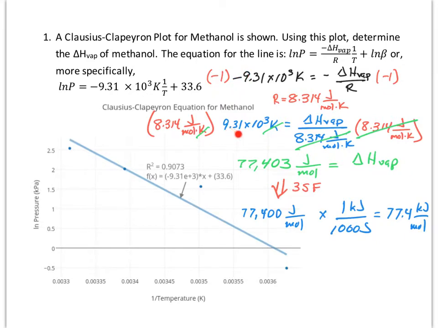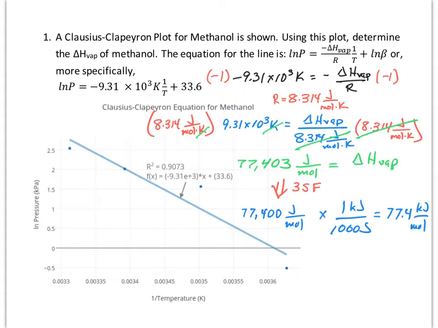And so then we end up with this, 9.31 times 10 to the third Kelvin is equal to the heat of vaporization over R. We've substituted in the value for R. Since we've got that in the denominator, we have to multiply both sides by that to get rid of that in the denominator. Right? That divided by that is 1. On the left side, we've got a Kelvin unit in the numerator, a Kelvin unit in the denominator. Kelvin divided by Kelvin is 1, leaving only joules per mole.